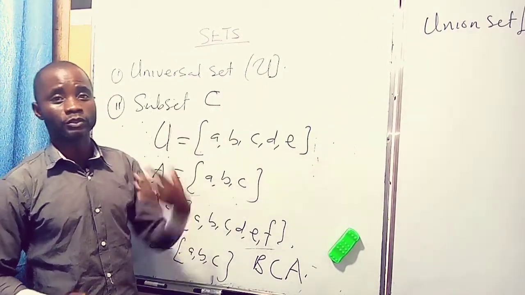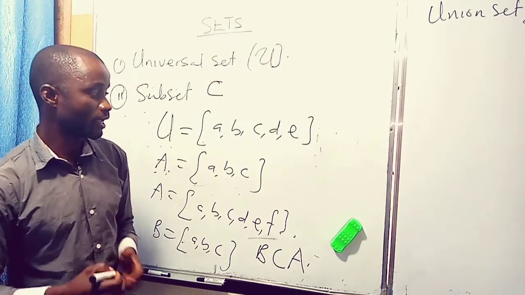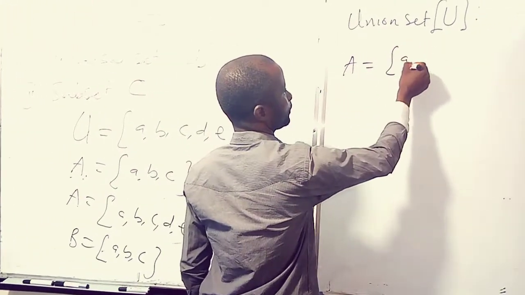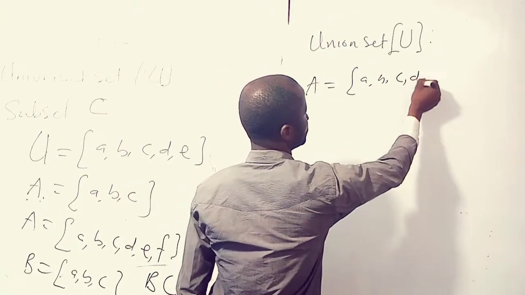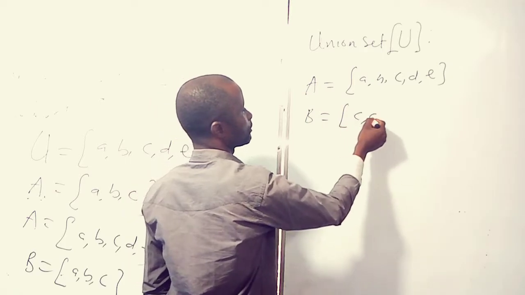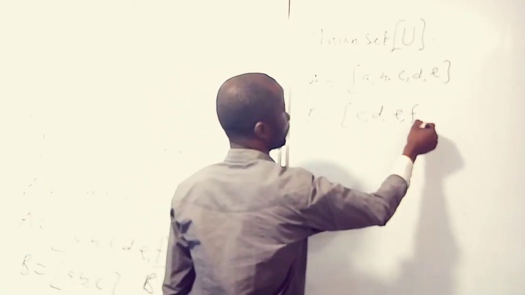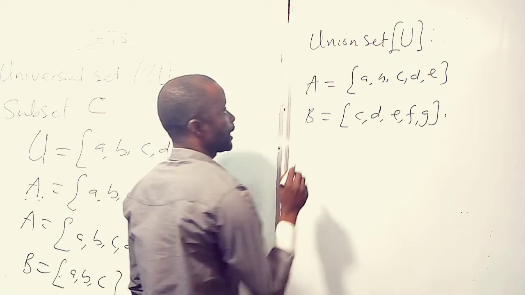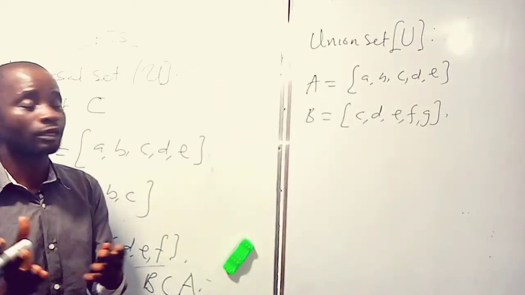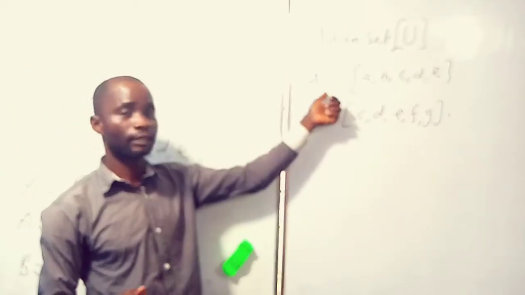From there, you are talking of the union set. For example, set A is given as A, B, C, D, E, and set B is given as C, D, E, F, G. What is the union set between A and B?